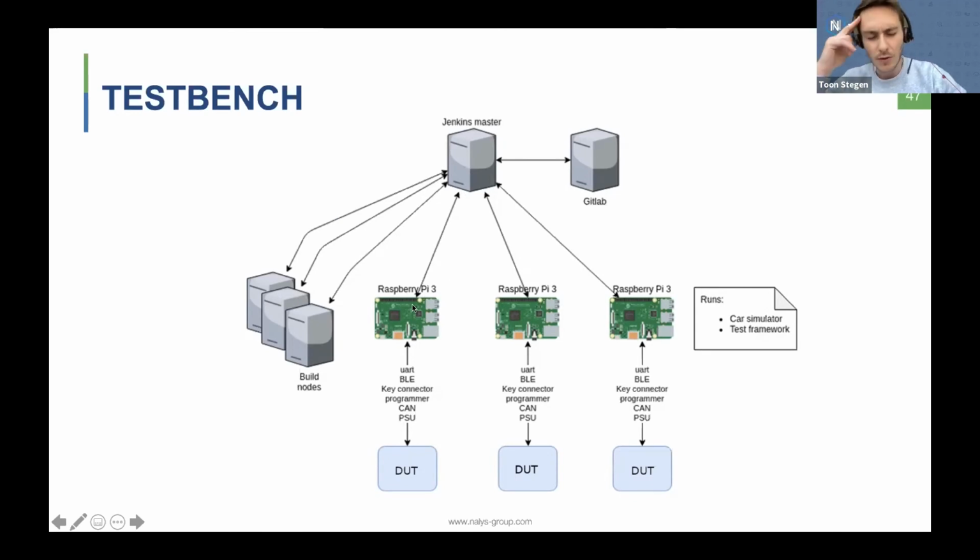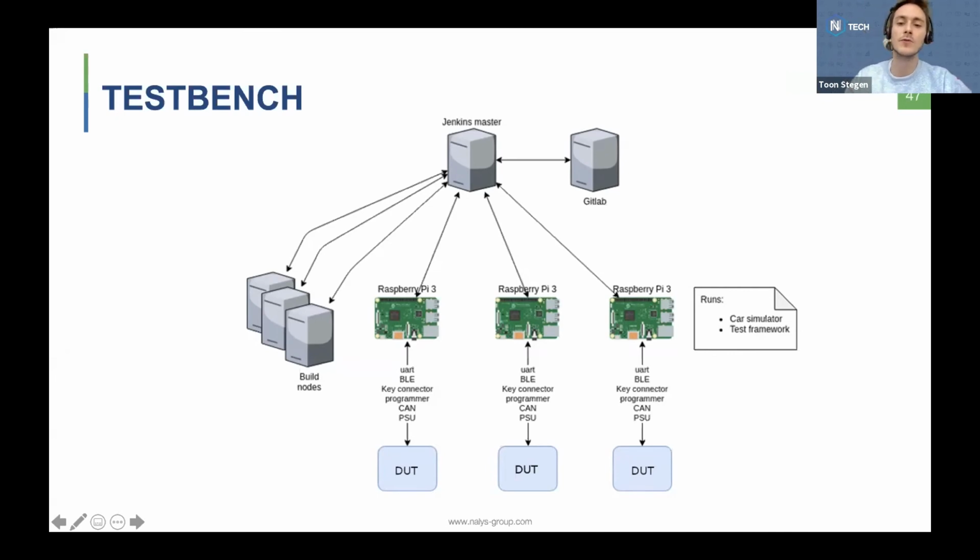Why did we use a Raspberry Pi? Raspberry Pi allowed us to interface with all of the hardware that the device under test provided, by making some custom hats that fit on the Raspberry Pi.